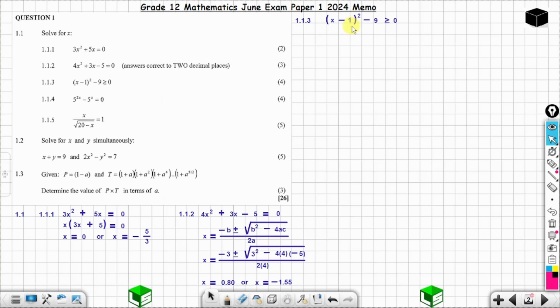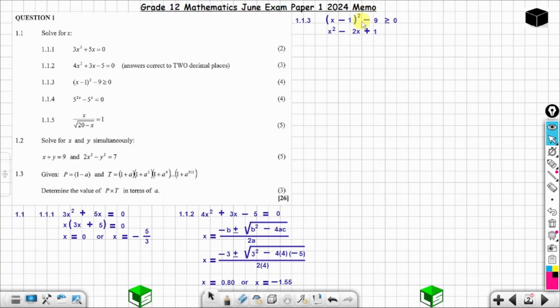Let's expand the bracket first. Okay, you have x squared. You multiply the two terms and then you multiply by 2. So x times negative 1, you have negative x, times 2, you have negative 2x. Now, negative 1 to the power of 2, you have plus 1.